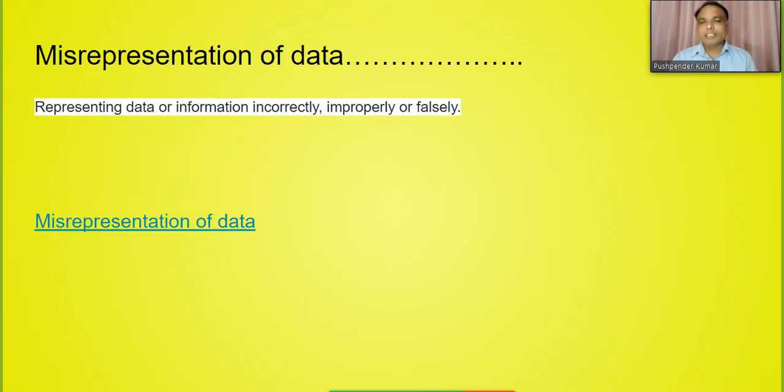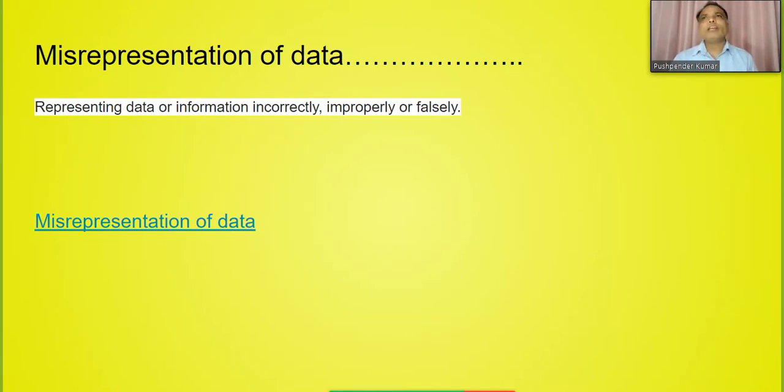Now we come to misrepresentation of data. Misrepresentation of data means incorrect information, improper information, false information, and misuse of statistical tools and techniques. For example, mean, median, mode.